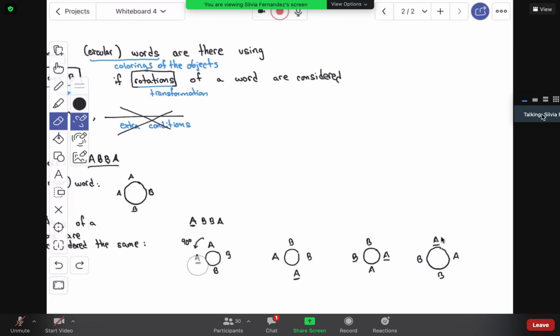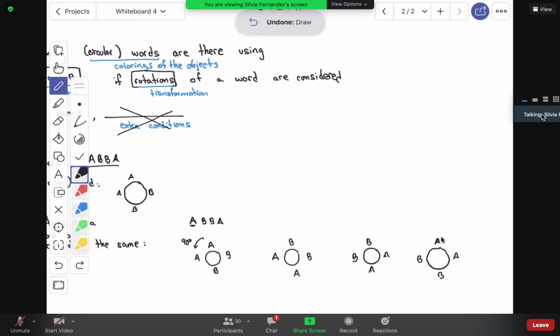The only thing that I'm going to change is which A I'm underlining. I'm going to underline this one. Anyways, this is the one that I was underlining, so I haven't changed anything.